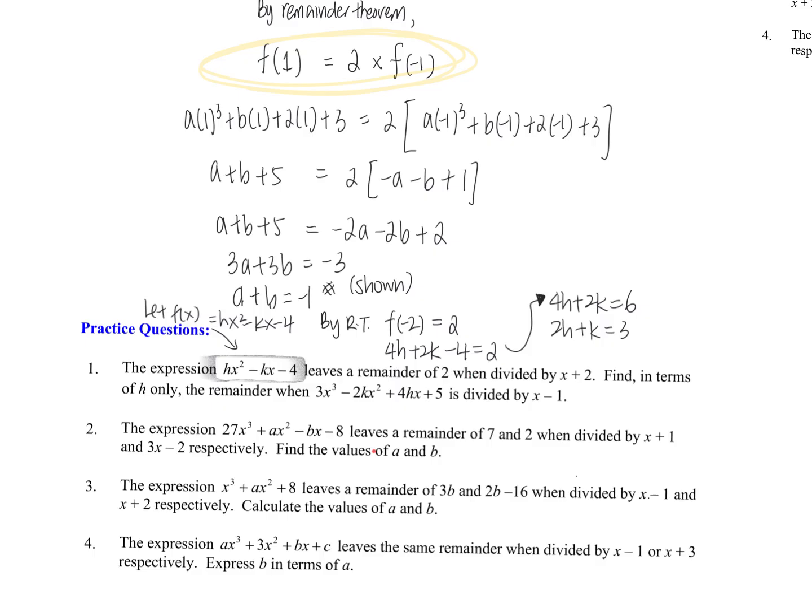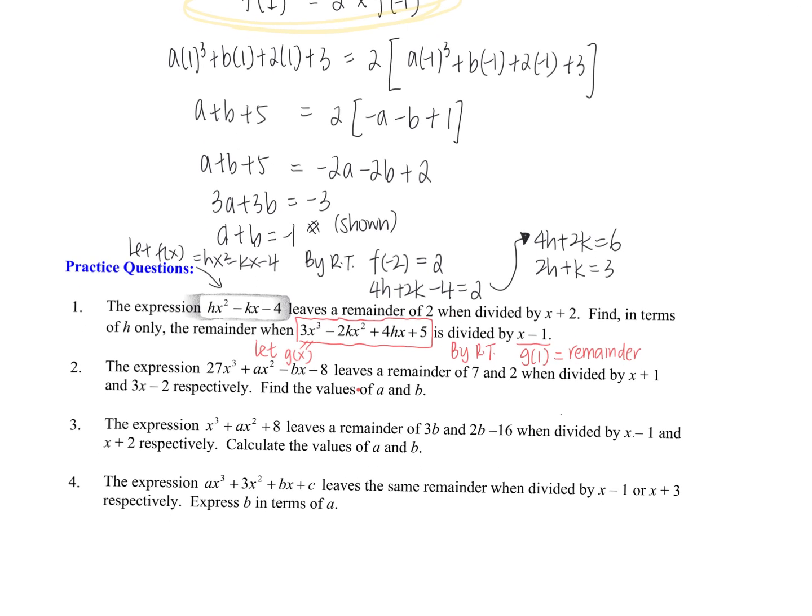Then it says, can you find the remainder of this other expression when it is divided by x - 1? So you can let this other expression be g(x), for example. Then again, by remainder theorem, g(1) should give me a certain remainder that I don't know, that I'm interested in finding.